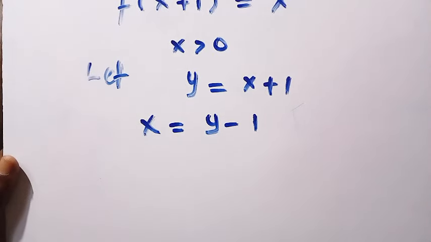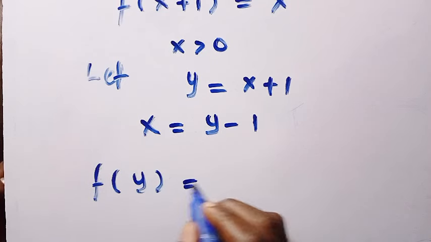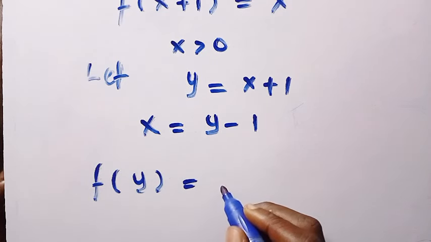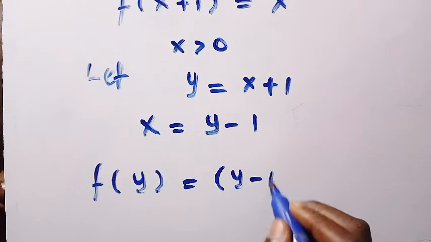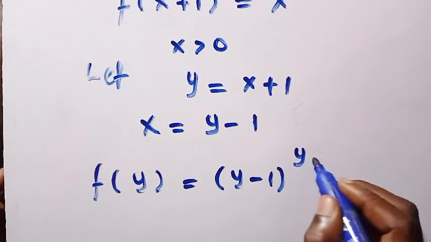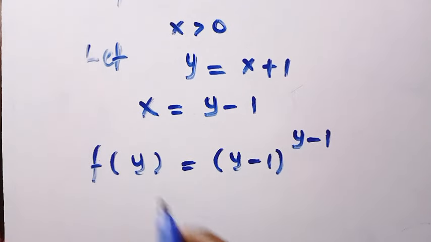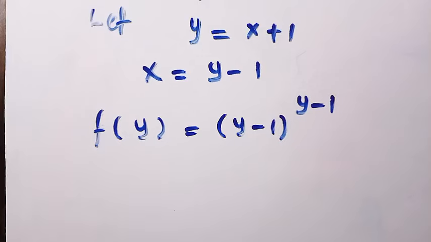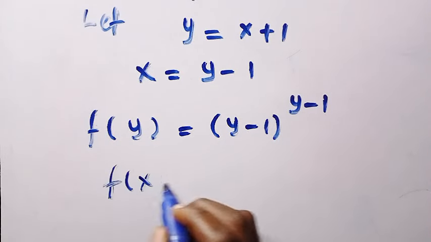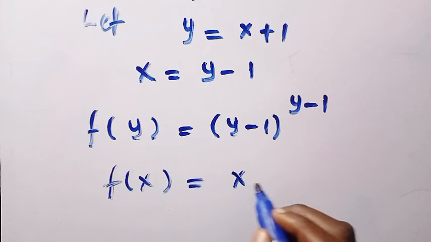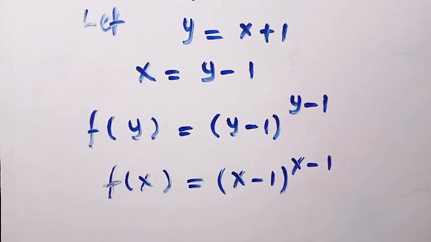By replacing everything, we have f of y equals (y minus 1) raised to the power of y minus 1. Let's replace y with x. So we have f of x equals (x minus 1) raised to the power of x minus 1.